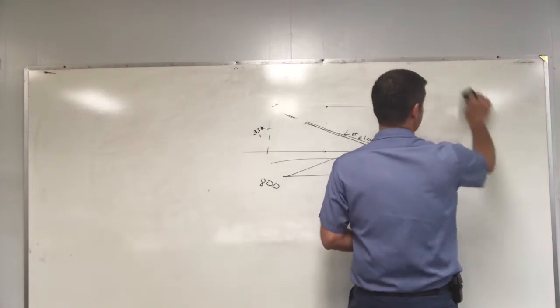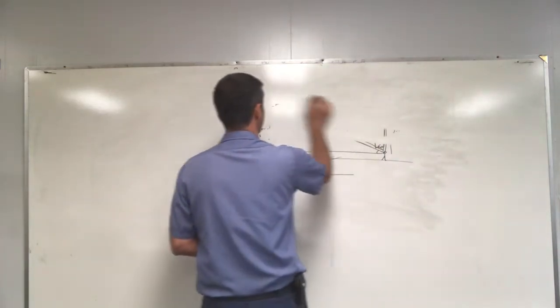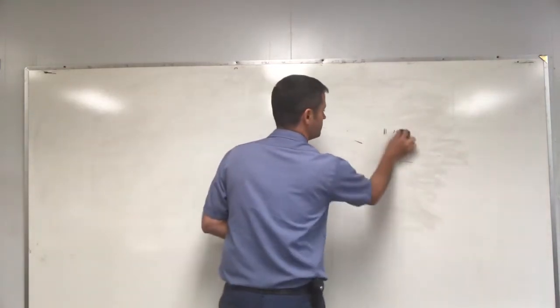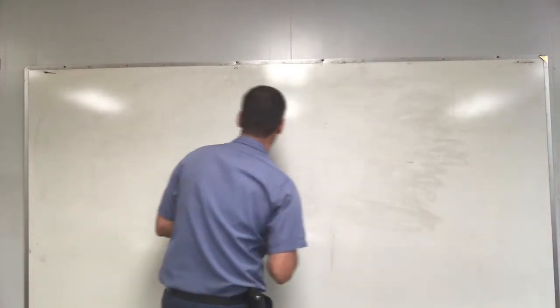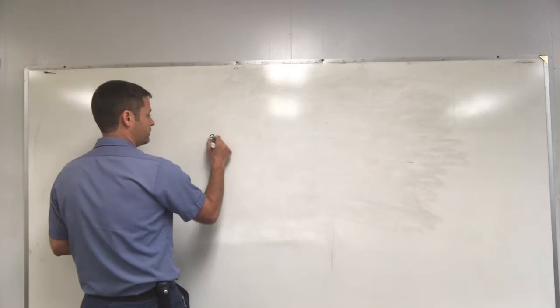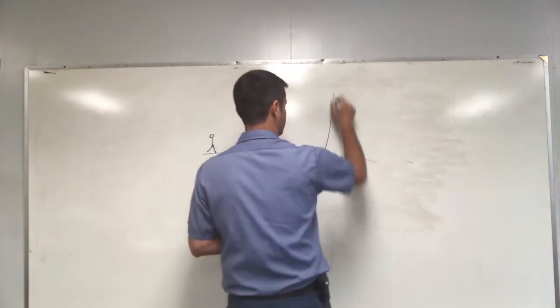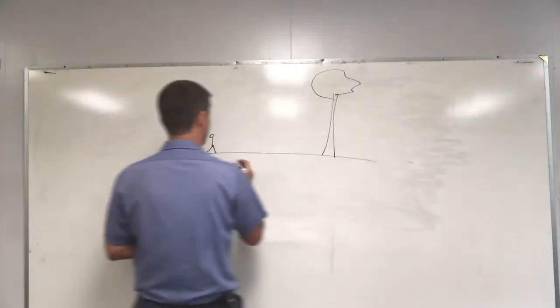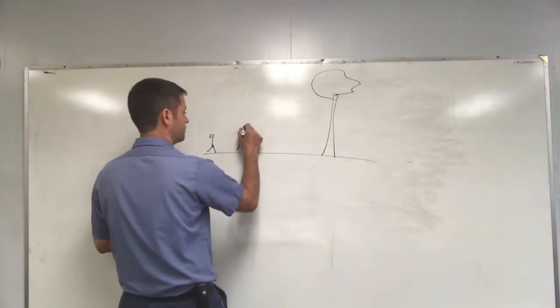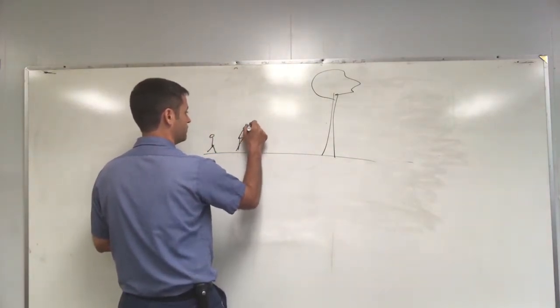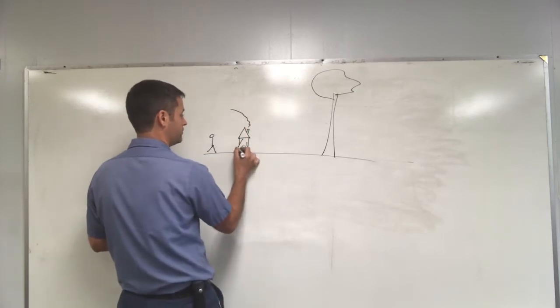Well, if you could somehow measure that angle, you could apply this trigonometry. Say that you're standing here, and here's the ground, and here's this big tree, and the house is right here. It's a funny house. Must have smoke coming out of the house, chimney and smoke.